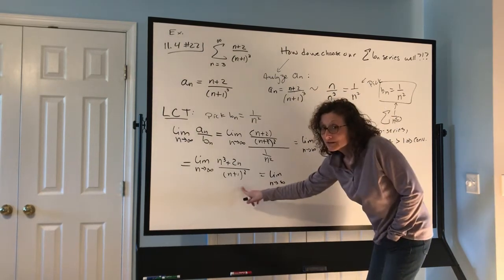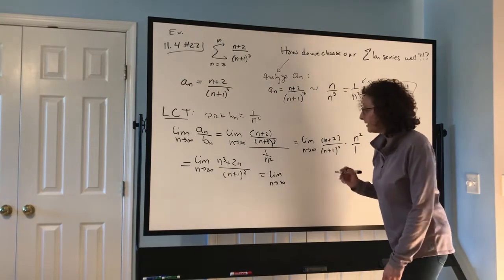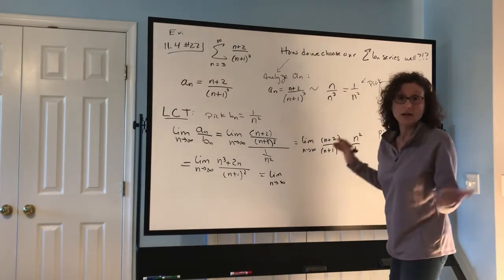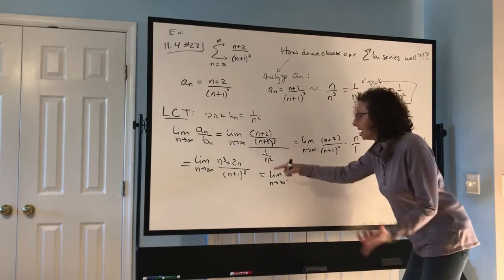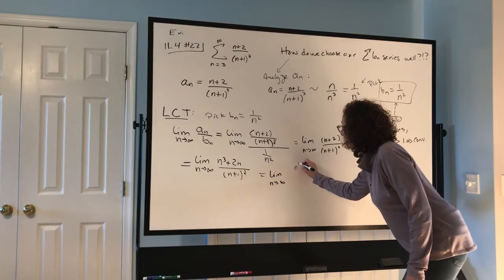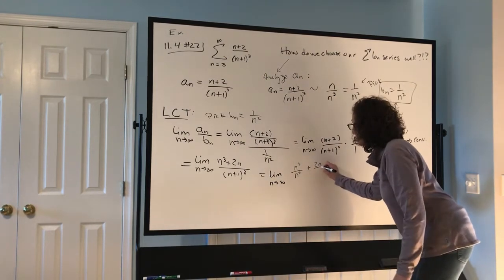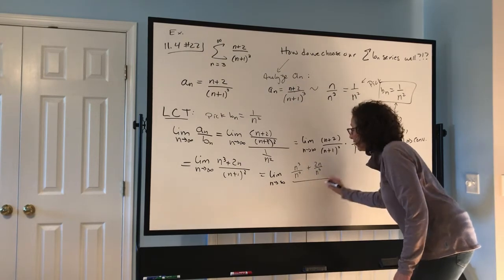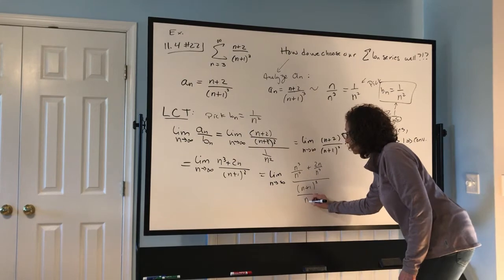But we're not going to expand it. You can if you want. We don't have to. That's one of the reasons I chose this one, just so that we can see how to deal with this without expanding. Okay. So divide everything by n cubed, right? Here we go. So I'm going to write it all in there so we see it. n cubed over n cubed plus 2n over n cubed, right? All divided by n plus 1 quantity cubed over n cubed. Yes?